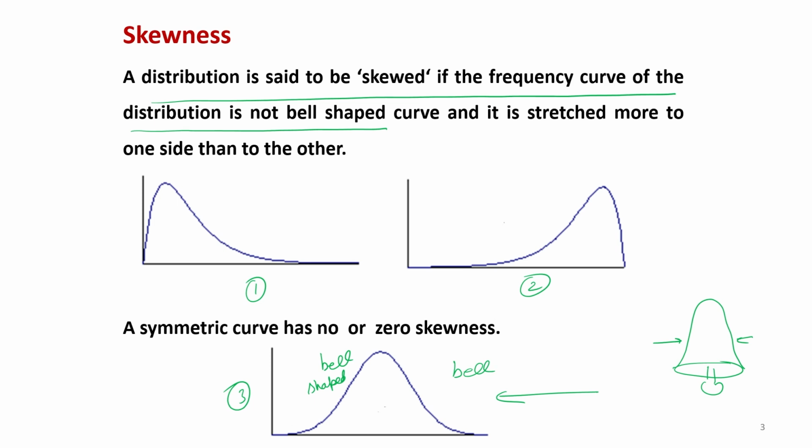In this case, the curve will be stretched more to one side of the data in comparison to the other side. For example, in figure number 1, the data is more on the left hand side, and the data tapers off to 0 on the right hand side.